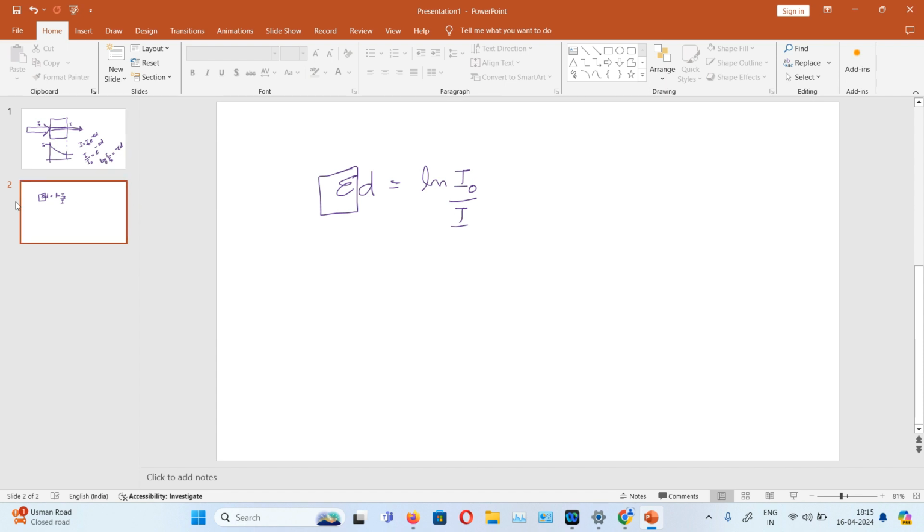So, if we consider some gas or a liquid with a particular absorbing entity, epsilon c d equals ln I naught by I, or it can be 2.303 log I naught by I. Take this constant and this also a constant.